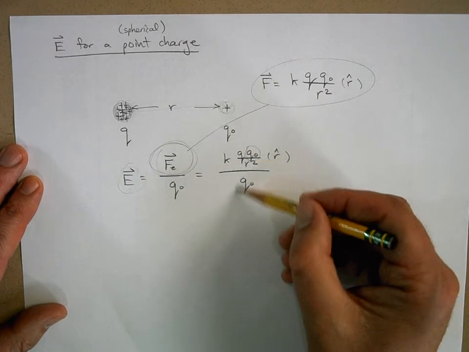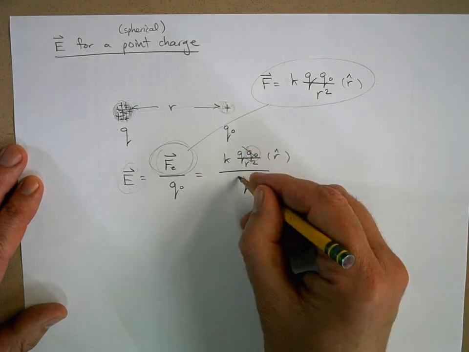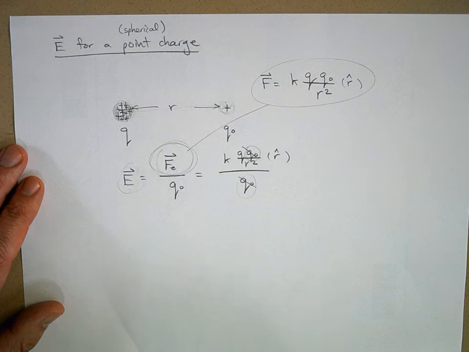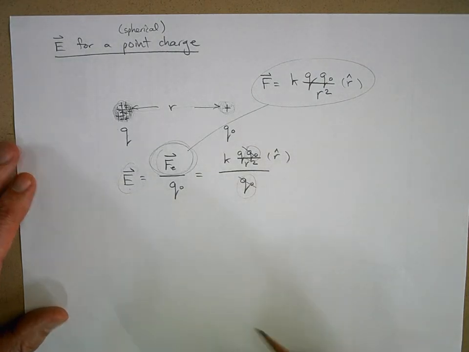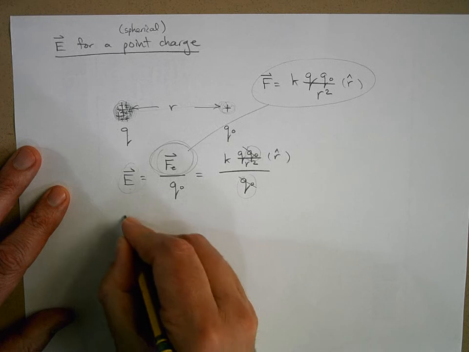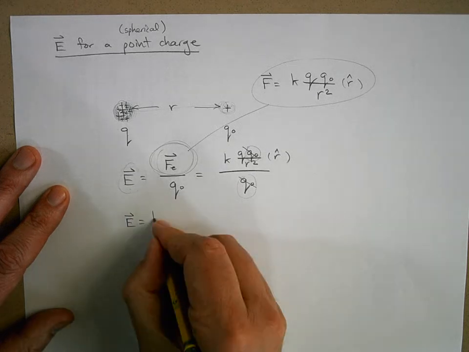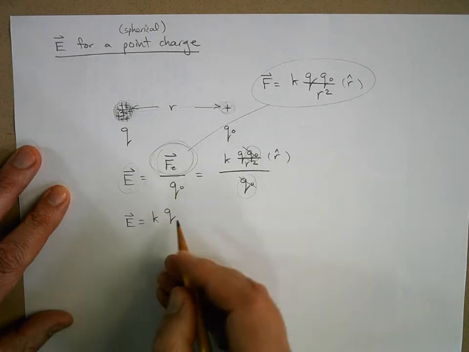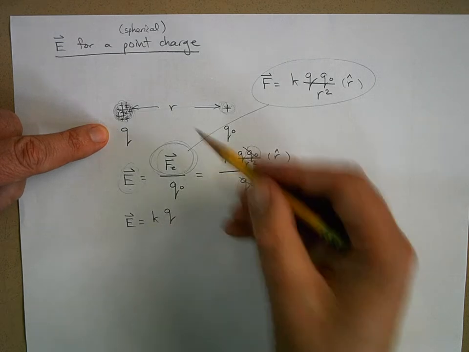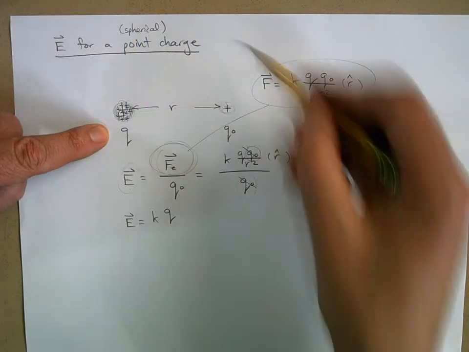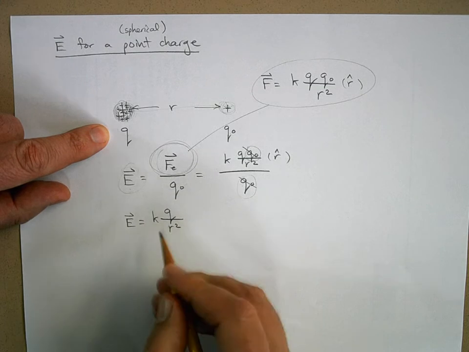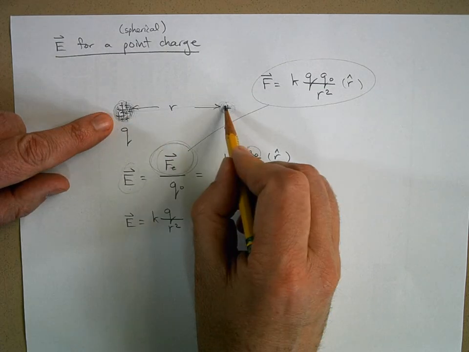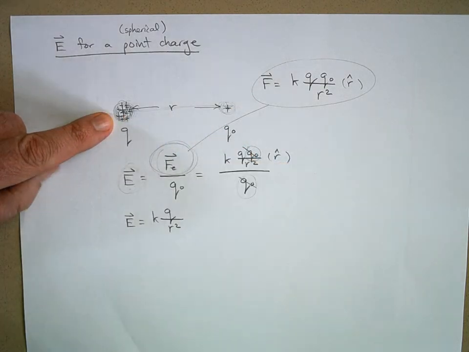Q naught. So I can make Q naught anything. It divides out. I mean, it cancels out of the equation. So the electric field for a point charge is equal to k times Q. That is the charge on my object that's creating the field around it, divided by r squared, where r is the distance from the center of that spherical charge.